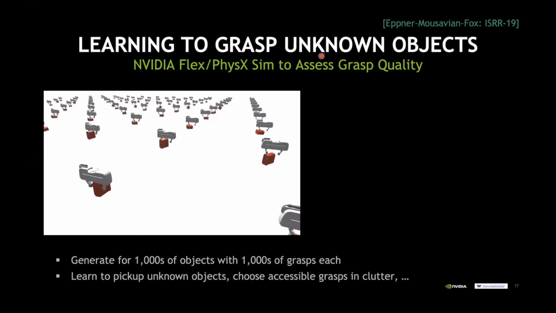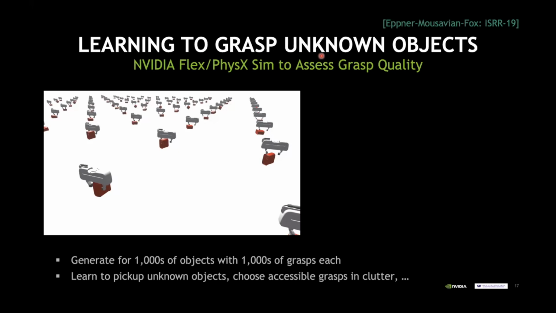So the idea is we train, the first part is on training to pick up unknown objects. So we're using here, of course, simulation to generate a lot of training data. Here we're using Nvidia's Flex physics system, where imagine you have a 3D model of an object, and you can sample many different ways of grasping this object, which means many different relative poses for the gripper.